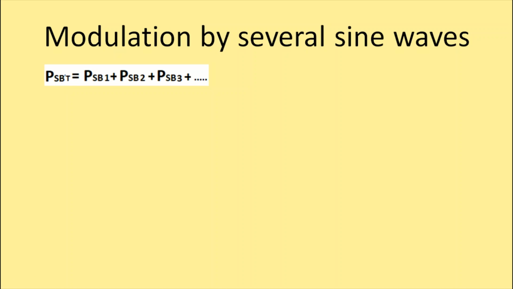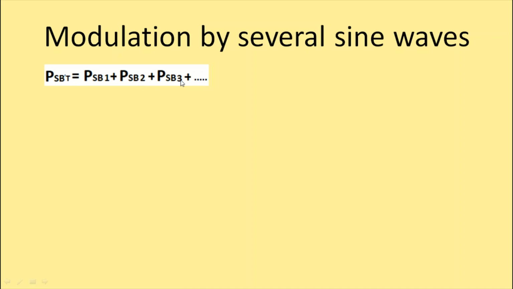So to judge the total sideband power, I can give the expression for total sideband power as equal to PSB1 plus PSB2 plus PSB3 and so on, wherein PSB1 is the sideband power of the first message signal, PSB2 corresponds to the sideband power of the second signal, PSB3 represents the sideband power of the third signal.